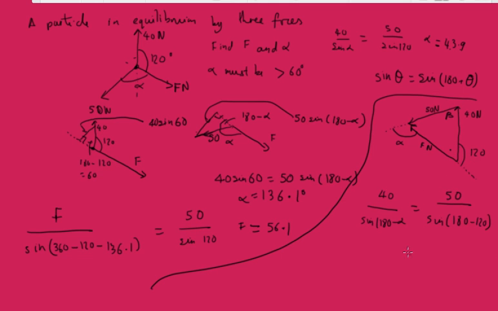So that ends up being 60, and doing that we would get alpha equals 43.9 or 136.1, which is what we got here. And for the same reason, this is our solution. We can then take that to work out the size of F. So I hope that helps.